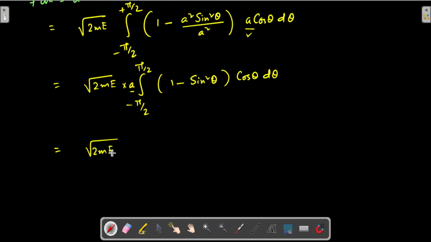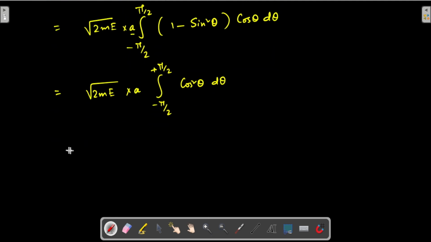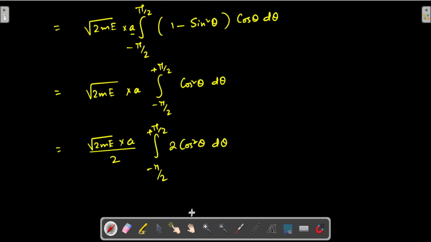Now root over 2mE into a, from minus pi by 2 to plus pi by 2, it becomes cos squared theta d theta. To solve cos squared theta, we have to take a 2 and multiply by 1 by 2 into cos squared theta d theta.